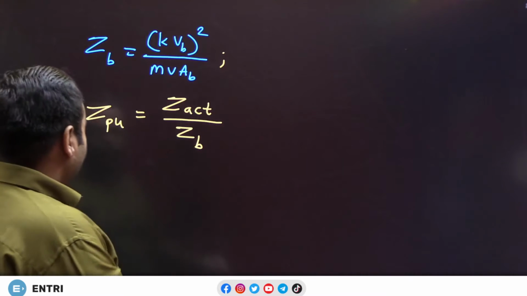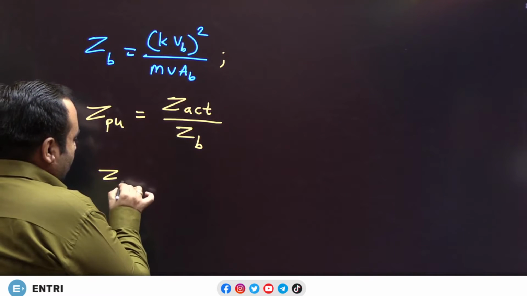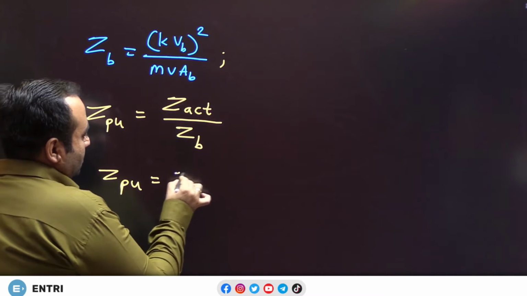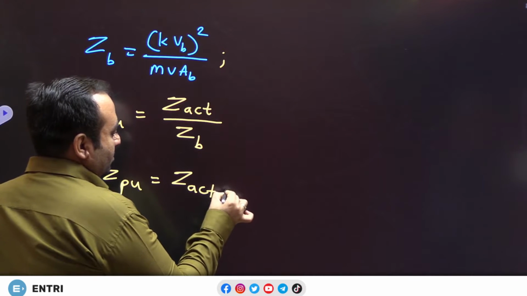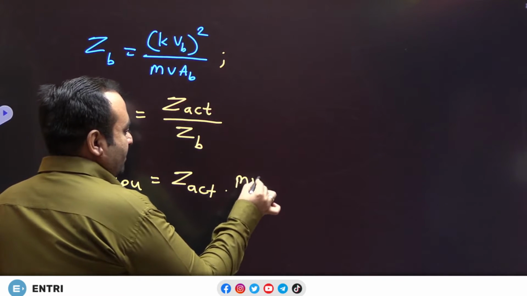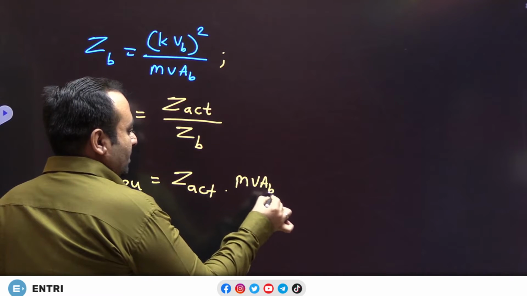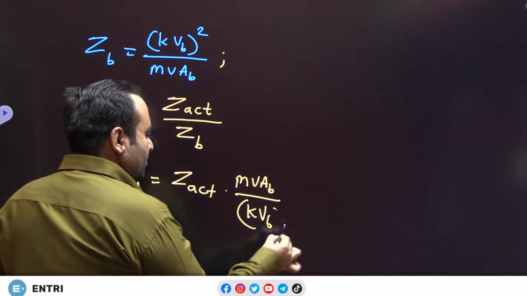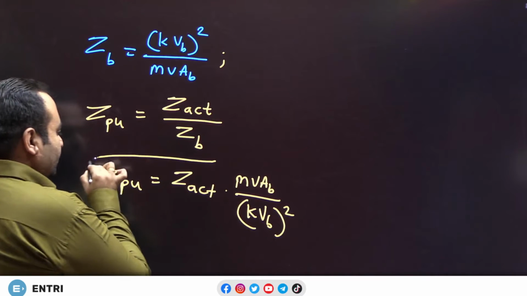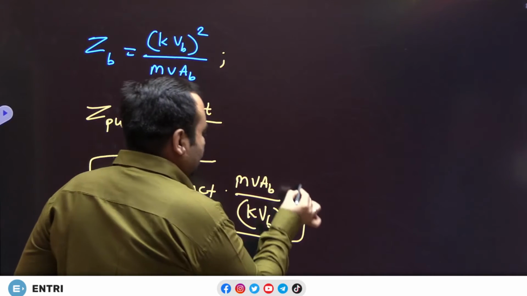So ZPU is Z actual into MVAB upon KVB squared. Put it in the box.